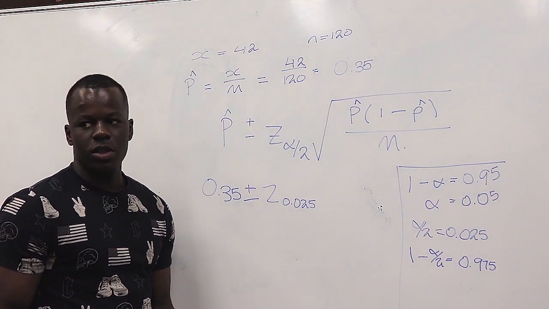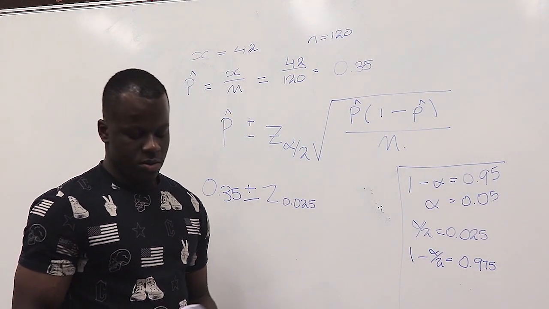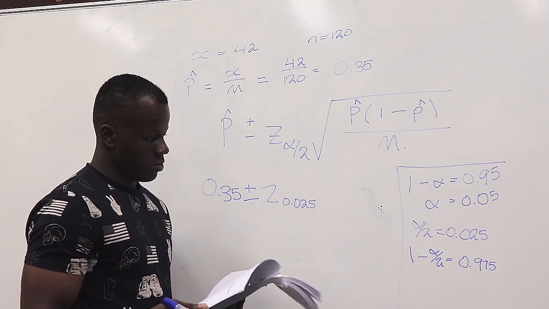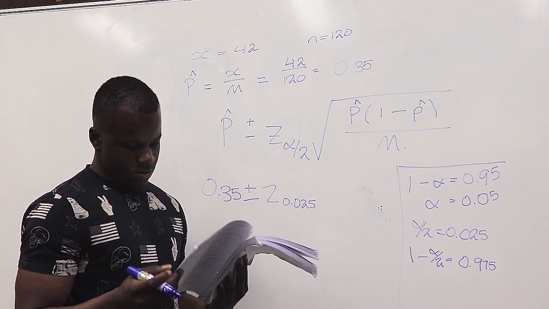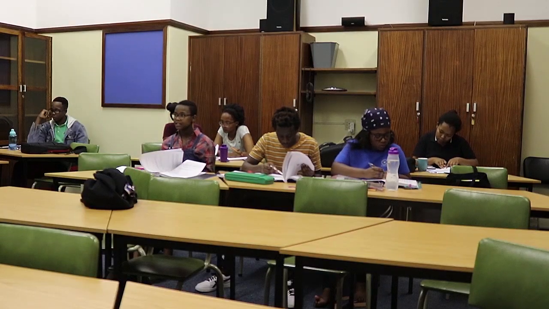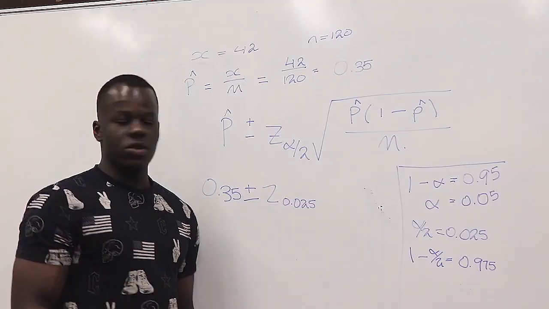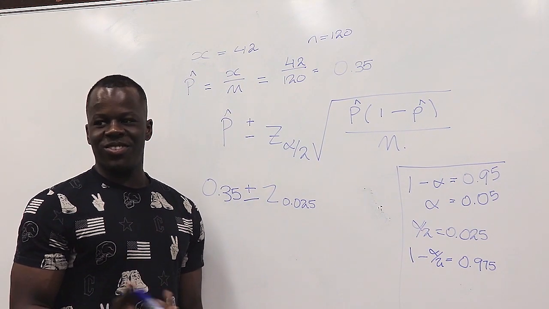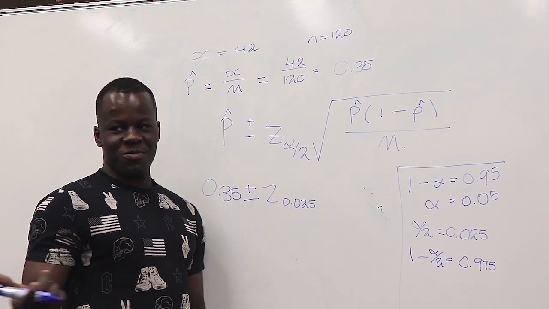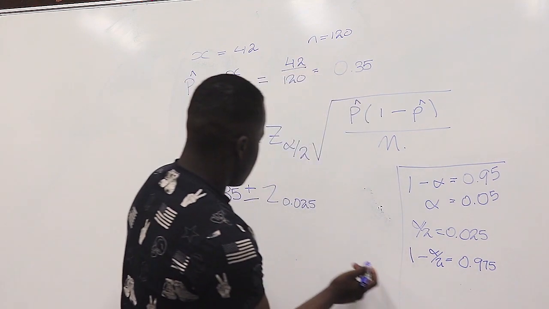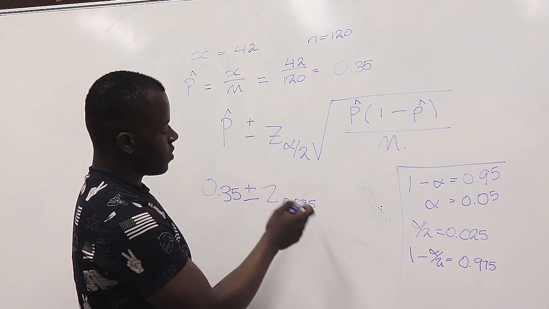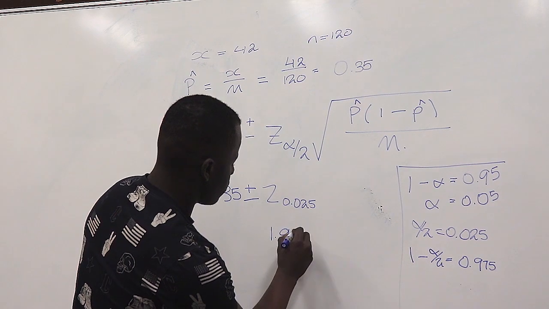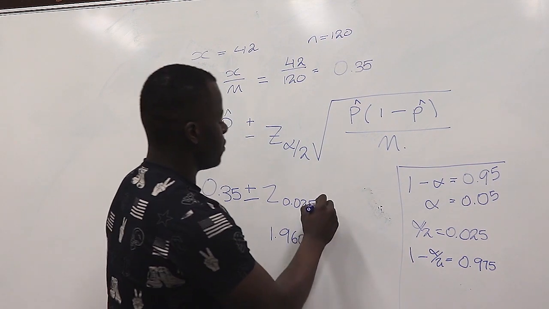Could somebody please find that for me? 1,96. So our z of 0.025 is actually equal to 1,96. We'll leave that there and finish the rest of the formula.